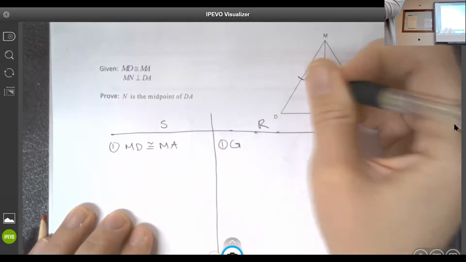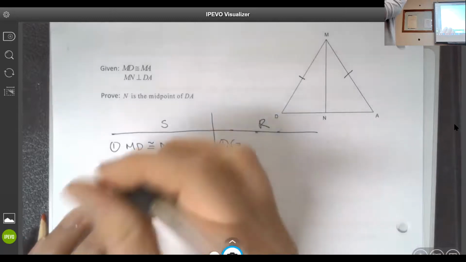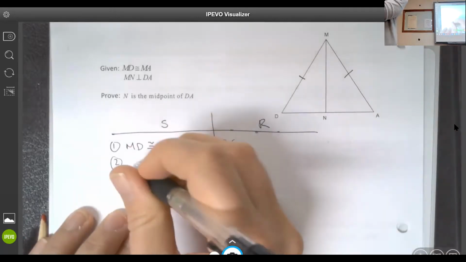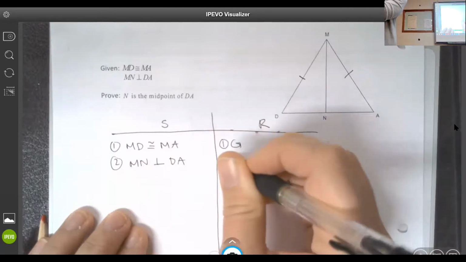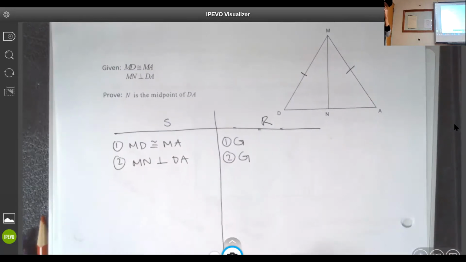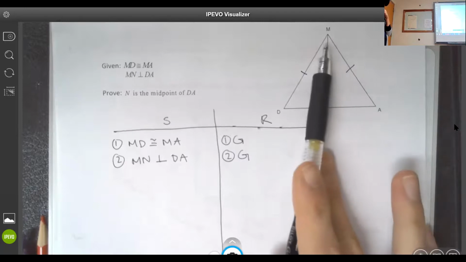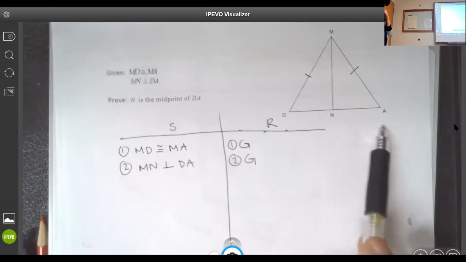I'm going to mark that, MD, MA. MN is perpendicular to DA, given.